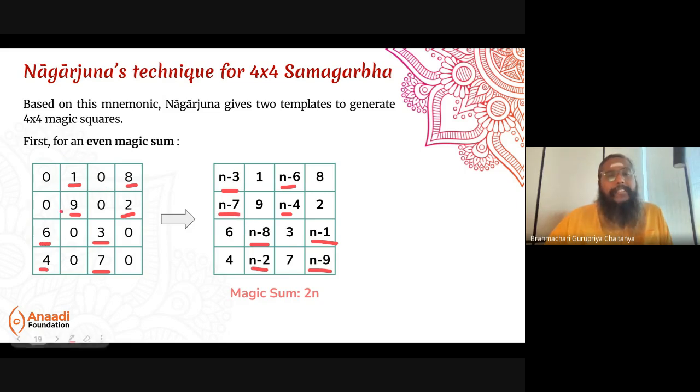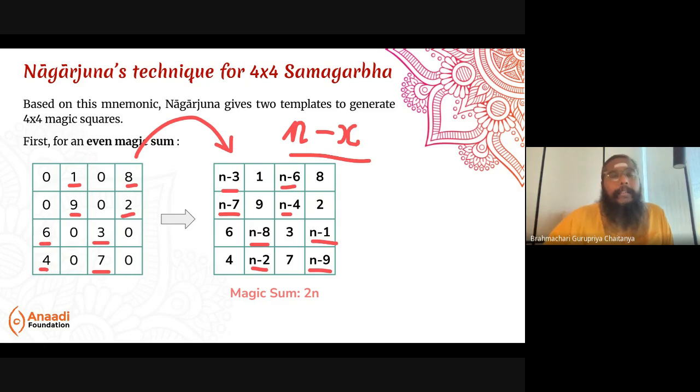So where all we had zeros, we have replaced them with an expression called n minus x. And what is that x? X is that number which is diagonally across one cell. So like that we have turned this into this kind of a magic square.